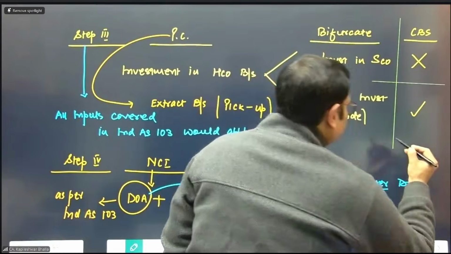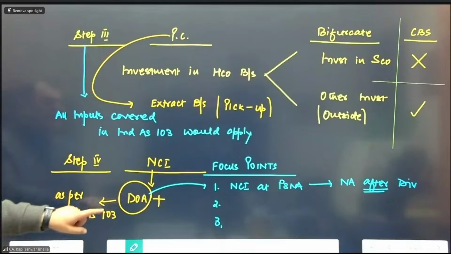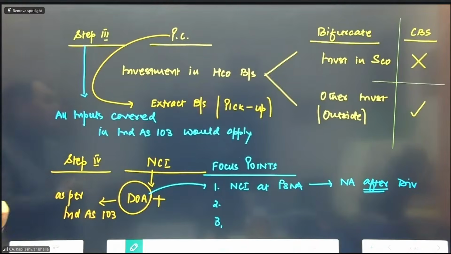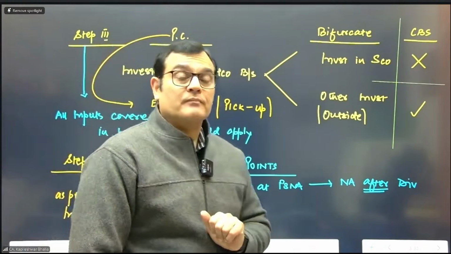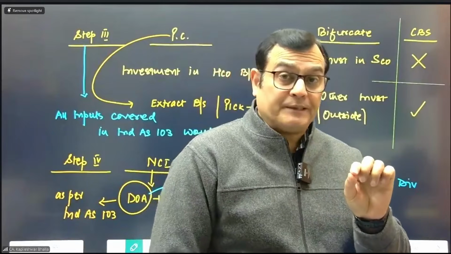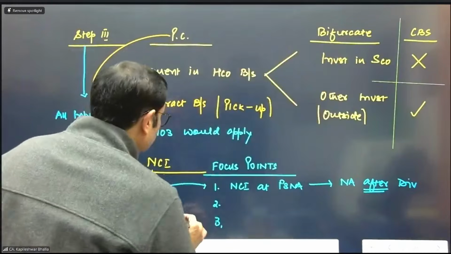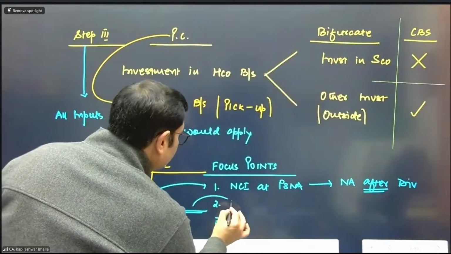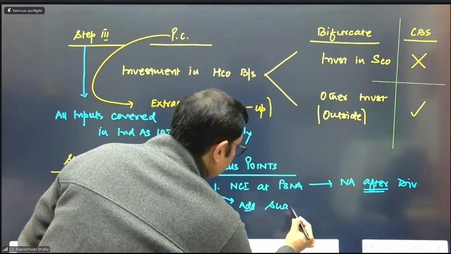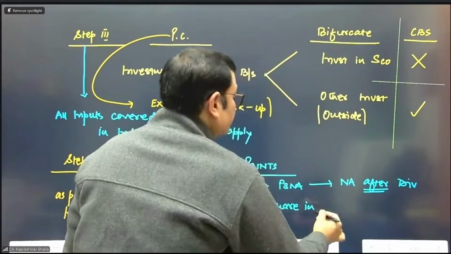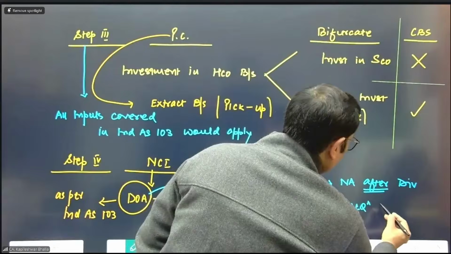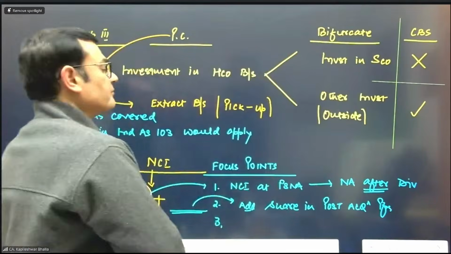So this is one focus point, that you need to consider the net assets after the payment of dividend, because we need the NCI for the consolidated balance sheet. The next focus point is that when you take the NCI, we need to add the share in post-acquisition profits.